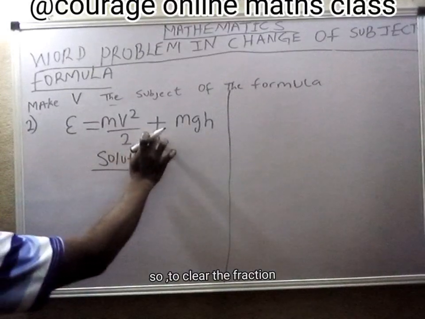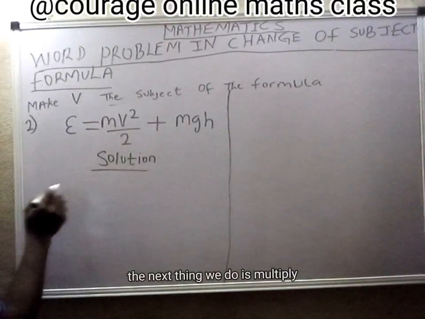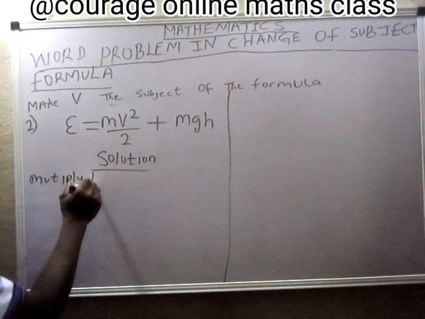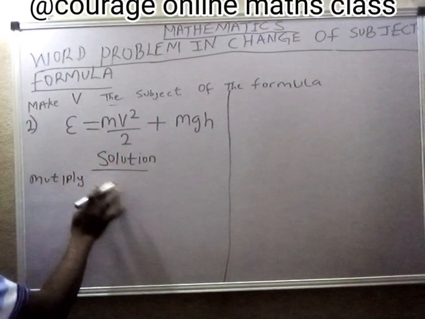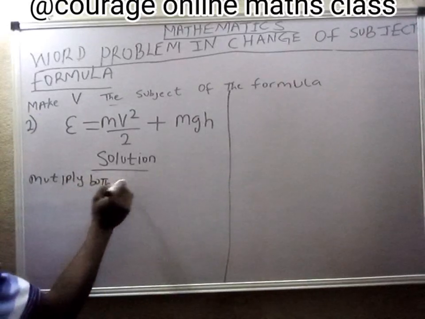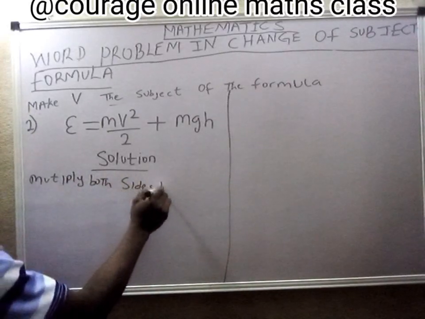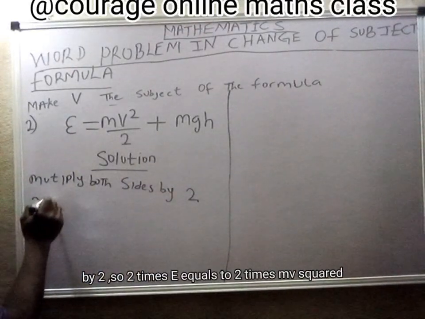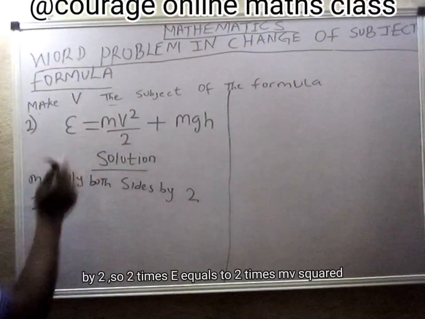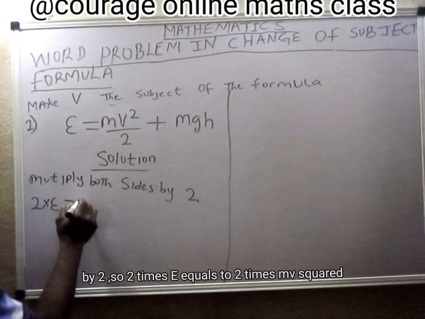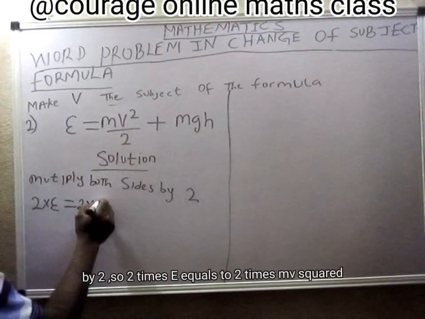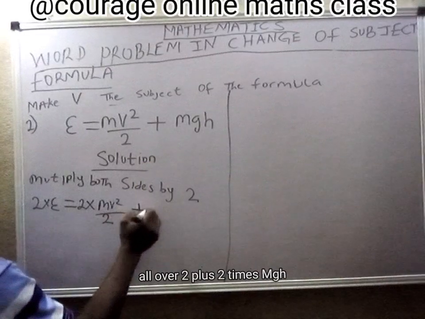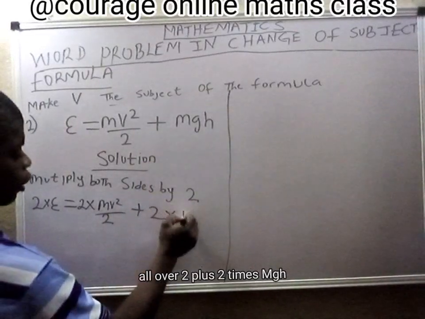So to clear the fraction, the next thing we will say is multiply both sides by 2. So 2 times E equals 2 times mv square all over 2 plus 2 times mgh.